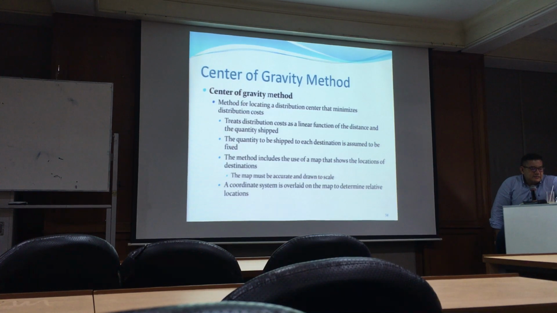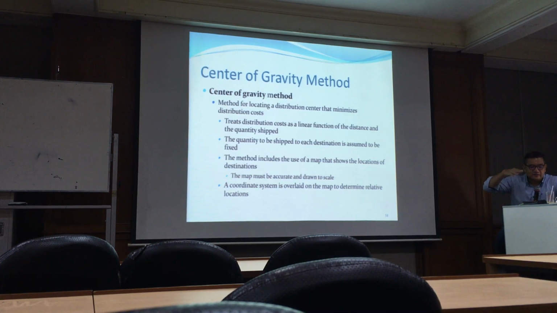And the coordinate system that you develop on the map determines the location of each of them. So for the center of gravity method, you need to use the map because you need to generate the coordinates for each destination. Right? Don't forget that we use this method for locating the distribution center.